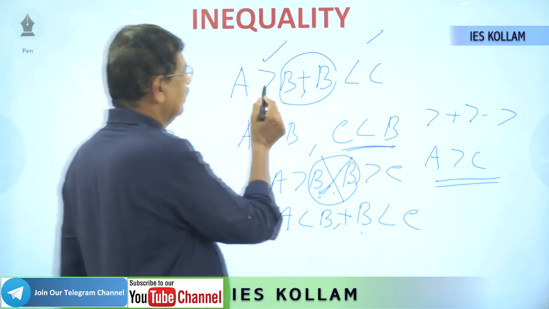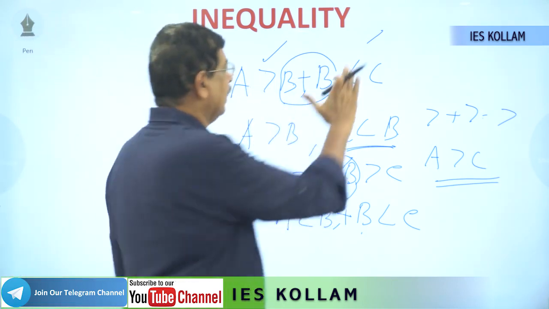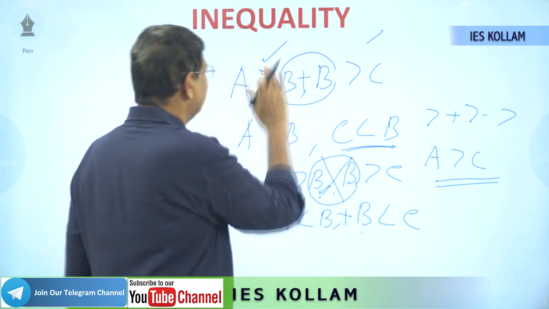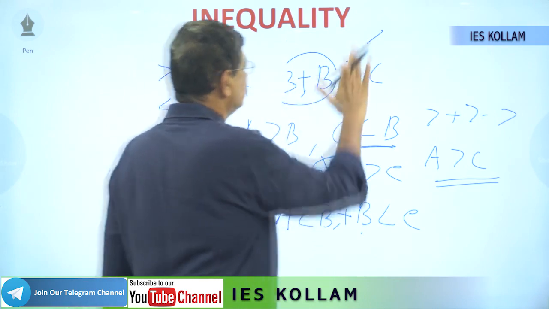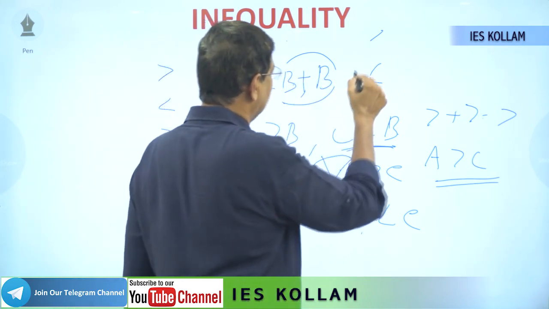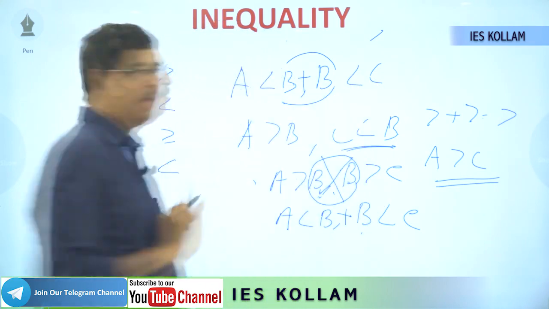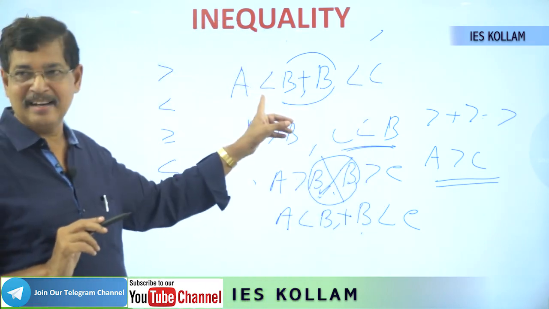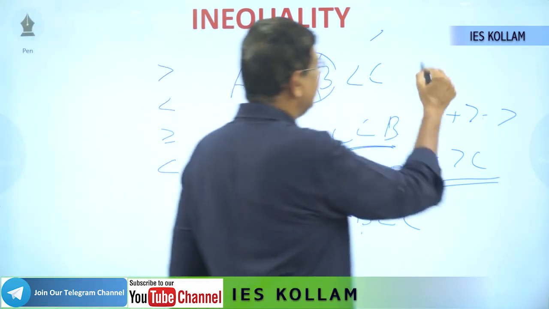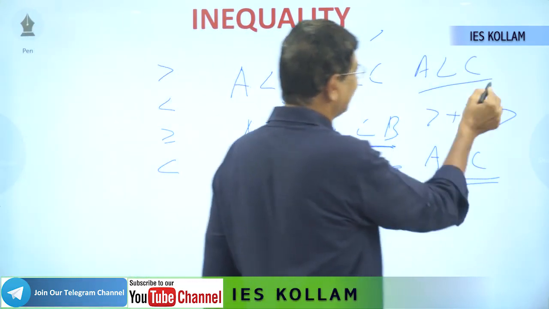If it is in the opposite direction, never combine. If it is the same direction, we can combine. A less than B, here also B less than C, same direction, towards the left side, then we can combine these two. This will cancel. The resultant will be A less than C.